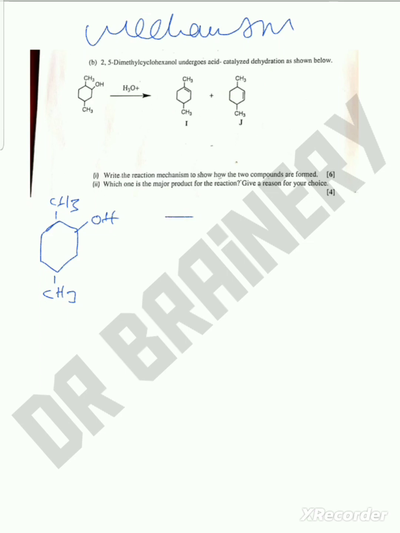So here I'm going to bring this OH2 with a positive charge. Then I'm going to use the lone pairs to come and grab this hydrogen. Then the bond will go. So what am I going to have here? I'm going to produce water. Remember, don't forget about that.